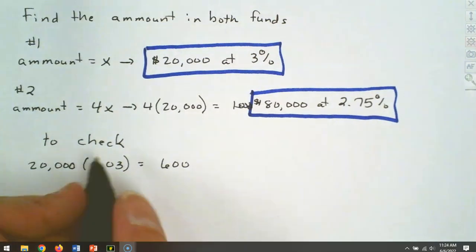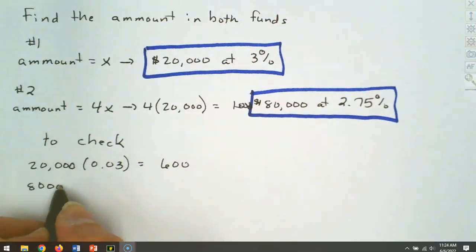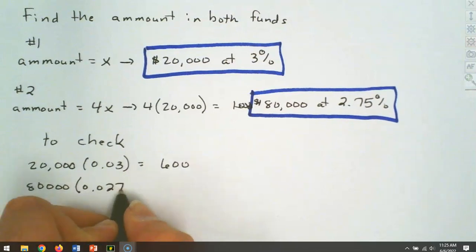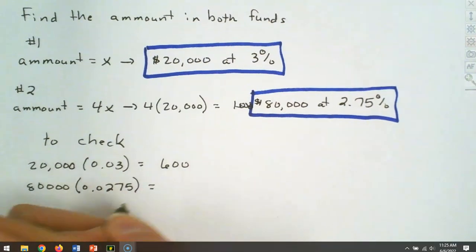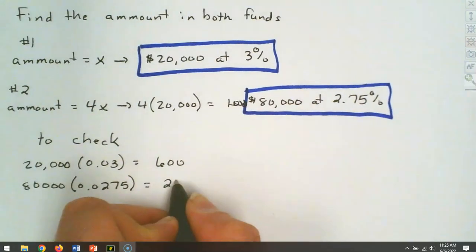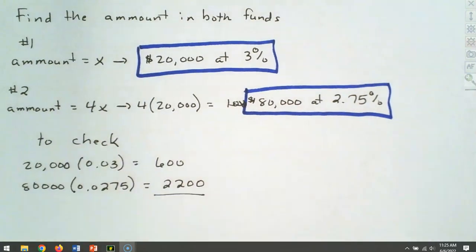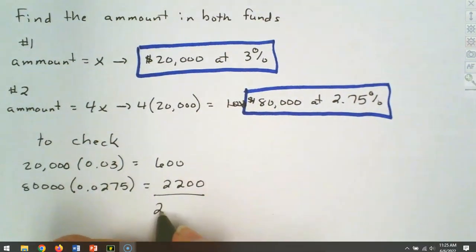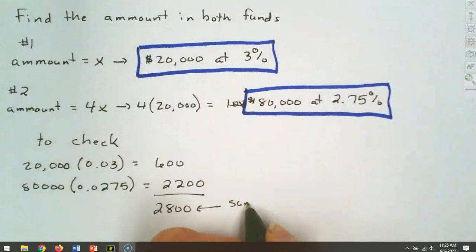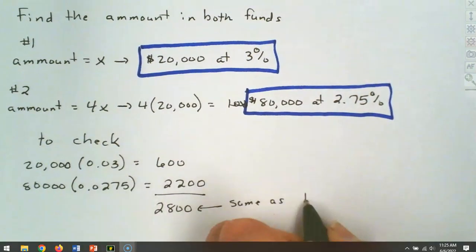And then we take our 80,000 times 0.0275, and that comes out to be 2,200. When I add them together, I get 2,800, and that's the same as the total interest.